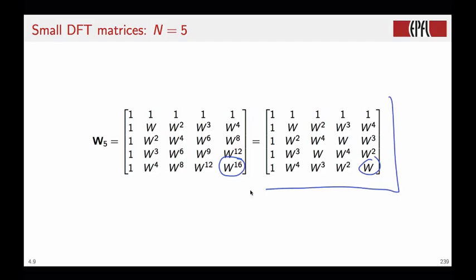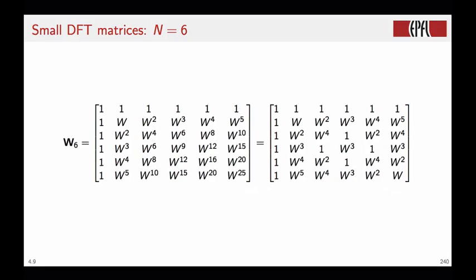This one does not have an obvious simplification. That requires quite a bit more thinking to see what the structure is, but so be it for now. And just one more, W6 starts to be a momentous matrix with a lot of entries. This is when you take the exponents modulo 6.